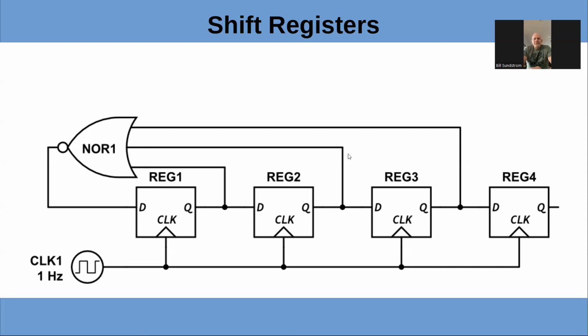So we're assuming this is at 0, all states. So if that's true, we're going to put a 1 on the D input. The first clock that comes in is going to shift that to the output.